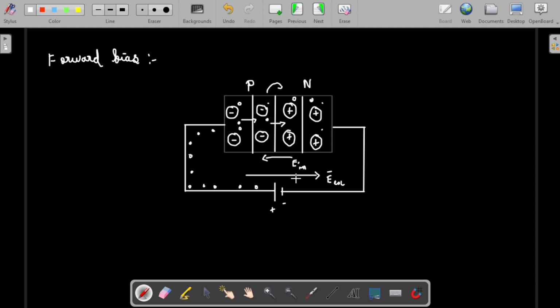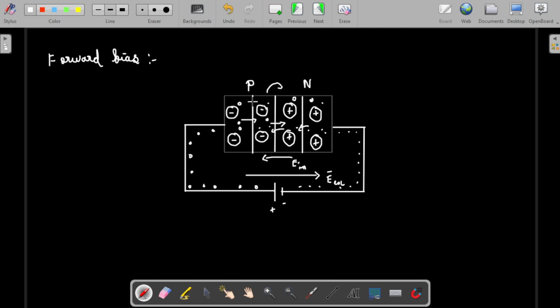Then here more electrons will be pumped to this side. They will come here, diffuse to this side, and neutralize these holes. Similarly, it will neutralize these holes, and then a new hole will be created here that will again be neutralized. So there will be movement of charge carriers. This is what we call the current. So you see the holes moving this side and electrons moving this side, right? That is the current movement.